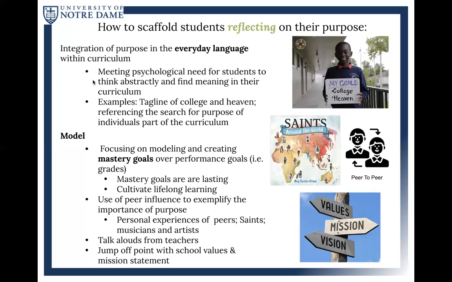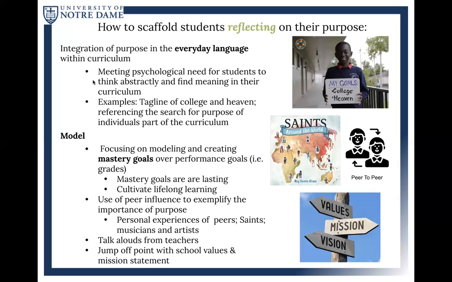We also recognize that the voice of teachers is not the only influence for students. Peers have incredible influence on each other. So if we give peers the right language to help them have conversation among themselves about what's their purpose, then they can help each other start finding or modeling for each other how to talk about their purpose.